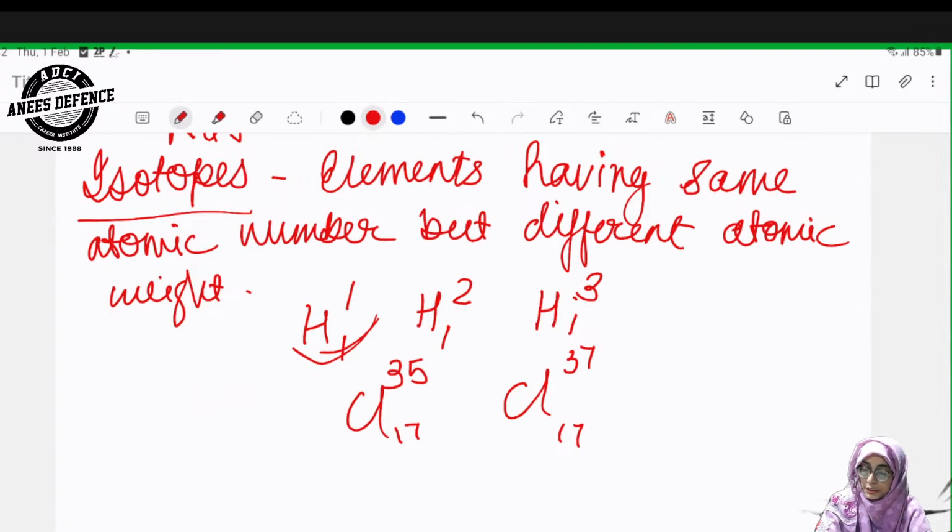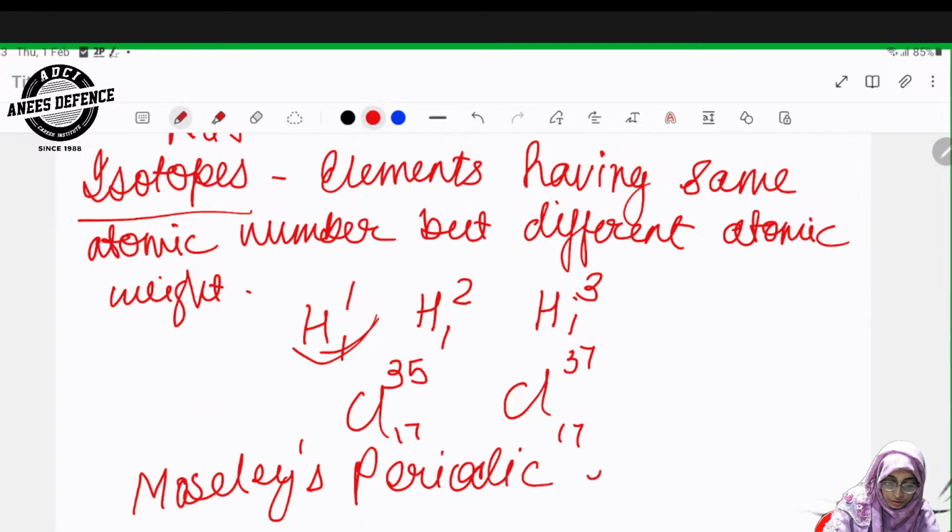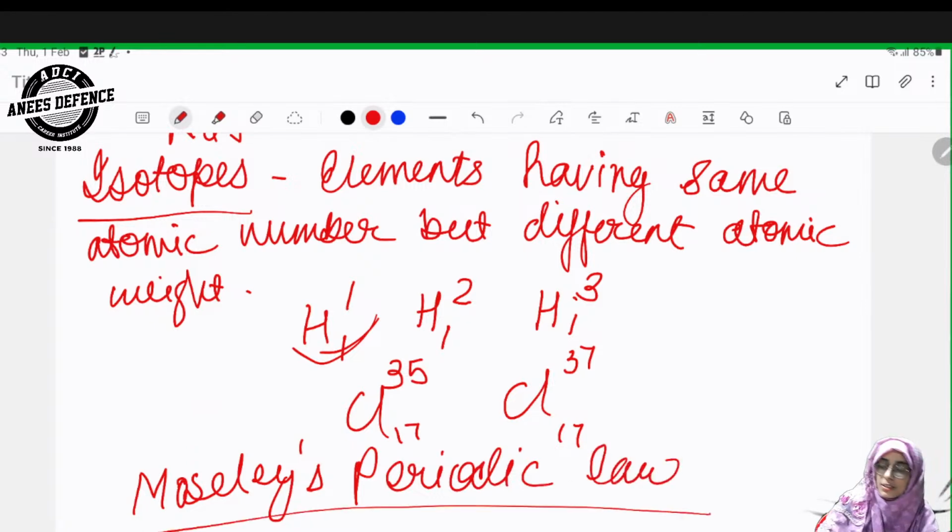So these were some limitations of Mendeleev's. Then after Mendeleev's, Moseley's periodic table. Moseley gave a periodic law, which is also known as Moseley's periodic table, which is also known as the modern periodic table.